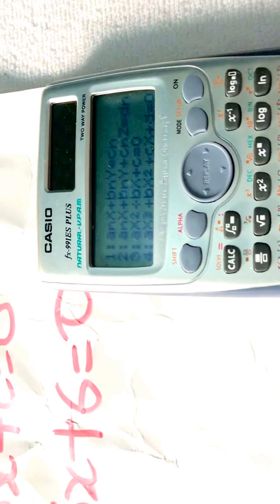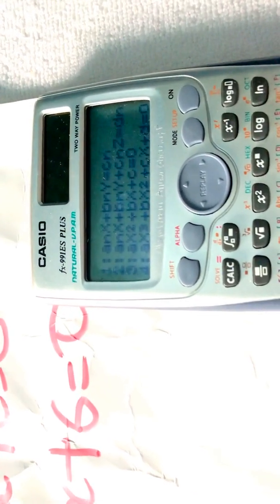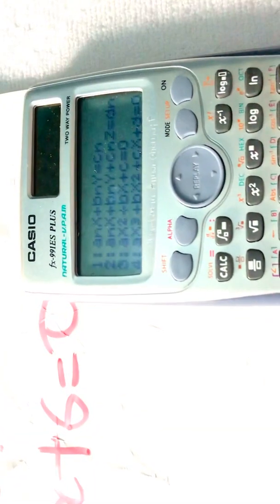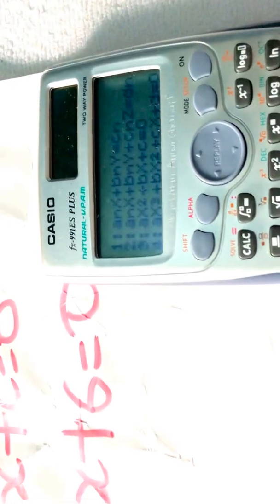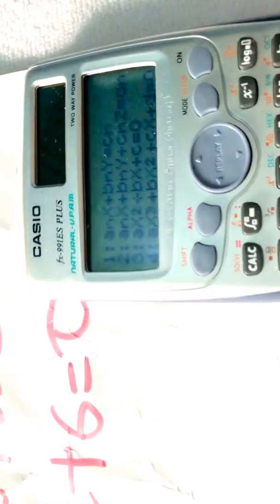Then there are so many equations here. Which of these equations resemble our general equation? Let's move back to our general equation. And that is equation 3. Perfect. So we select 3.